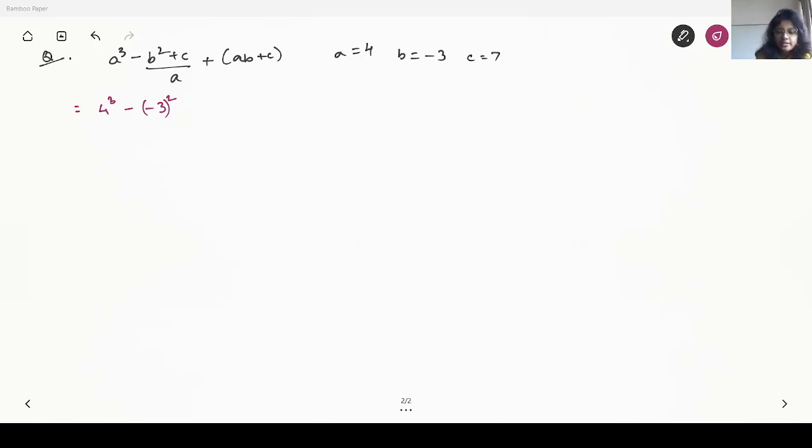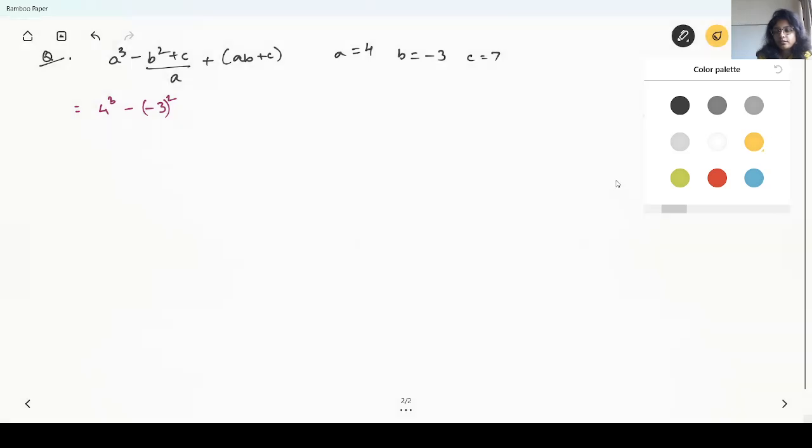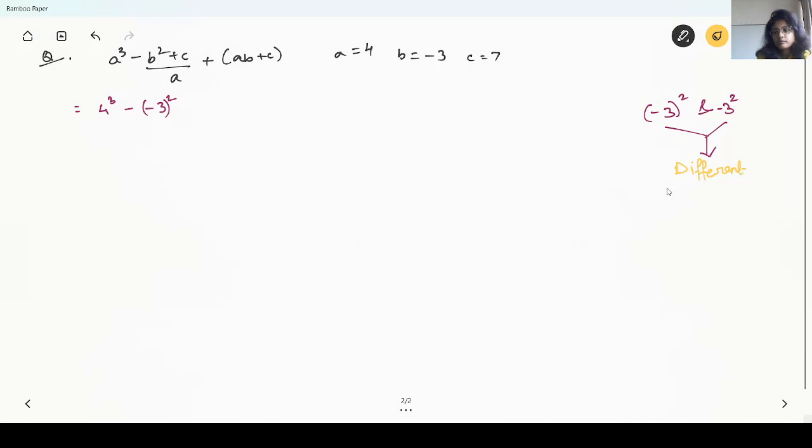Why is it so? See, this and this, these two are different. Now when in the question it is stated that b's value is negative of 3, that means when we are doing b square, we have to do whole negative of 3 whole square.